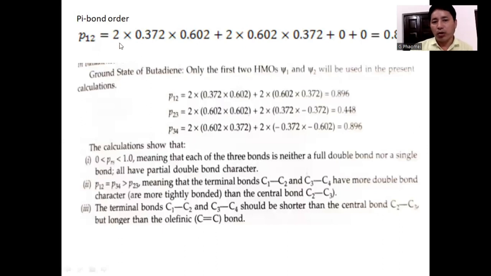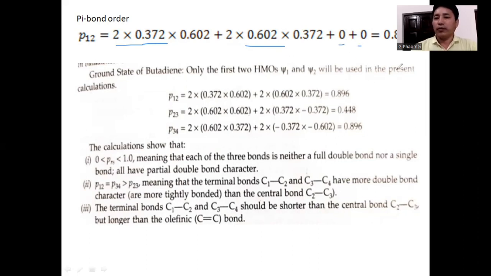And the pi bond orders, we know the formula is given there. Therefore, only psi1 and psi2 will have the value. Therefore, here it is psi1, that means for carbon 1 and carbon 2, and psi2 for carbon 2 and carbon 3. Therefore, for psi3 and psi4, it is 0.